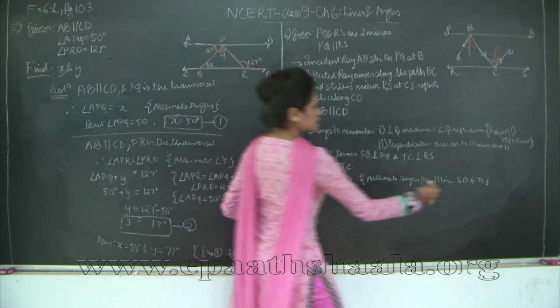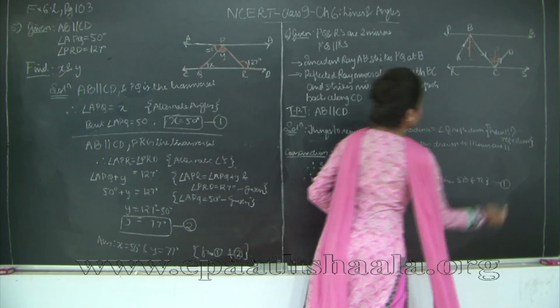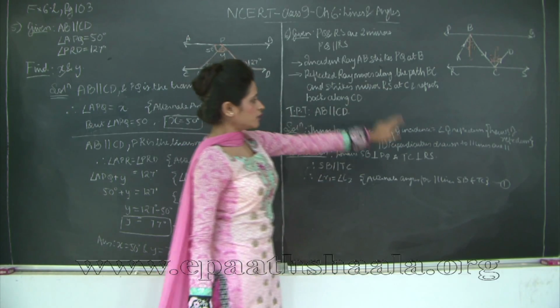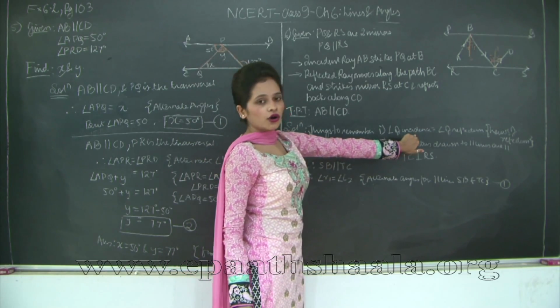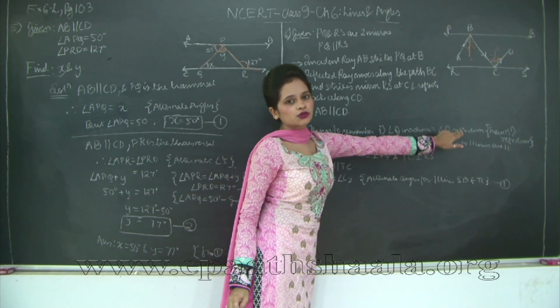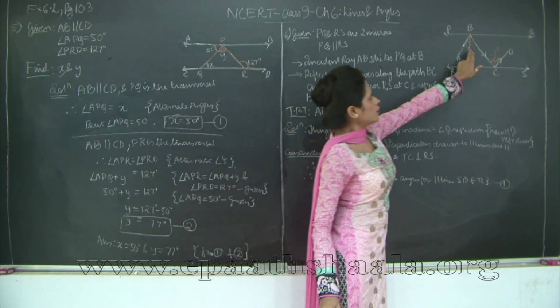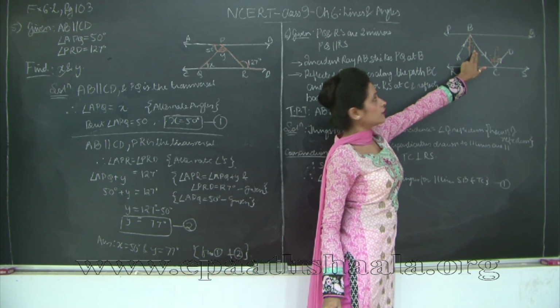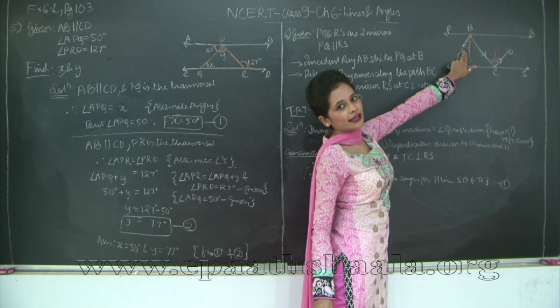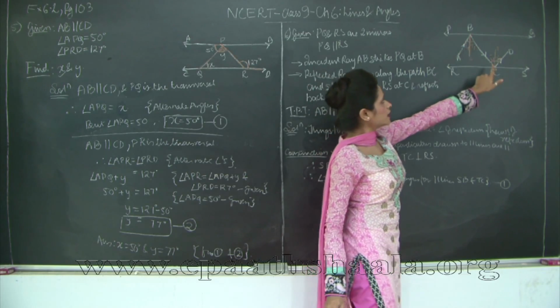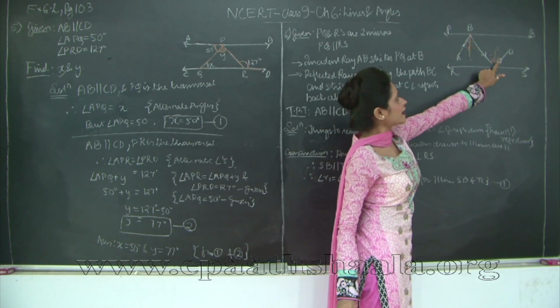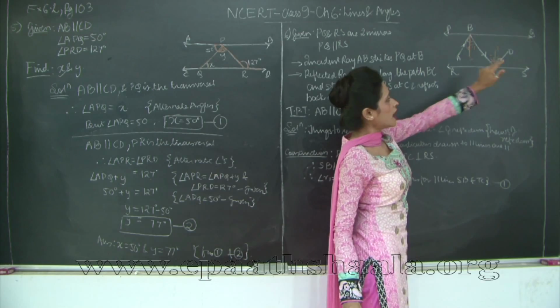And I'll mark this as 1. But what do I have? We know that according to the laws of reflection, angle of incidence is equal to angle of reflection. Therefore, this first angle of reflection is going to be equal to the angle of incidence I1. Similarly, for angle of incidence I2, I have angle of reflection R2 equal to I2.